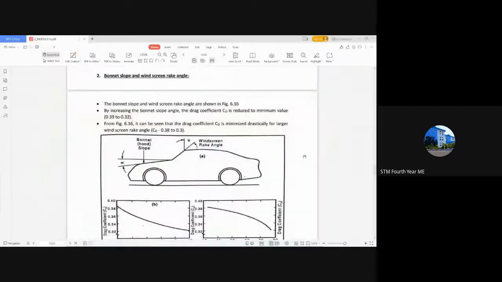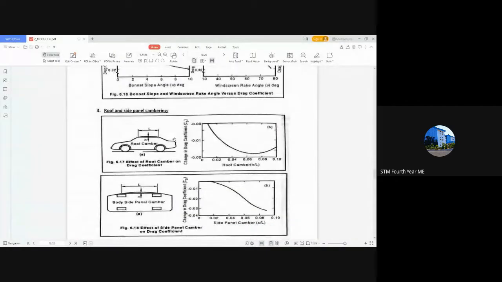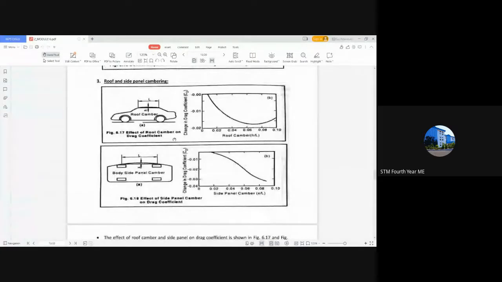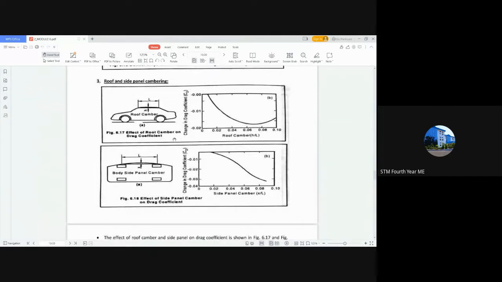Next is the roof and side panel camber. This is another design that is provided. What is a roof and side panel camber? If you look at the roof of the vehicle, it is not always a flat region.